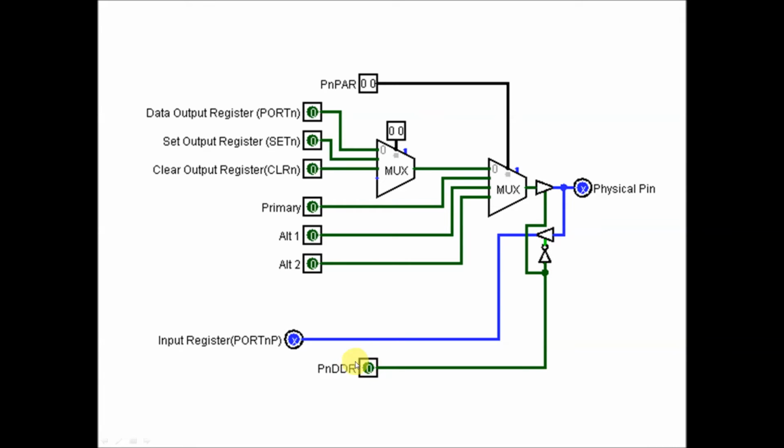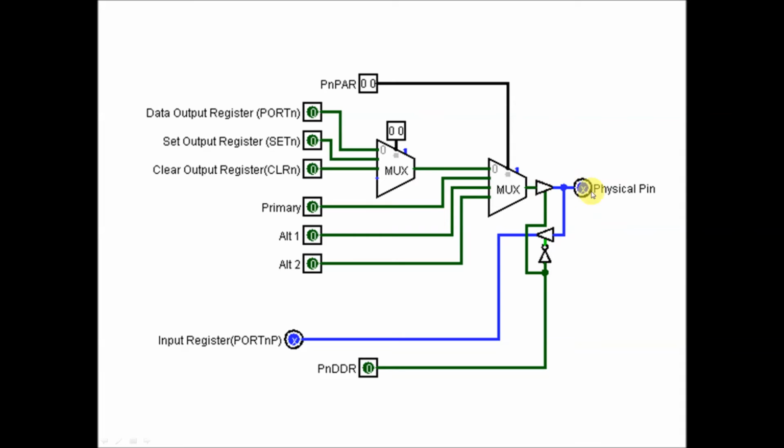Then the PN DDR, or the DDR bit, tells us what the data direction is, whether we control the pin using the port, or whether the pin is updated by the external world. And basically it switches the pin between these two buffers. This is the output buffer. If it's true on this line, then it allows the internal system to control the physical state of the pin.